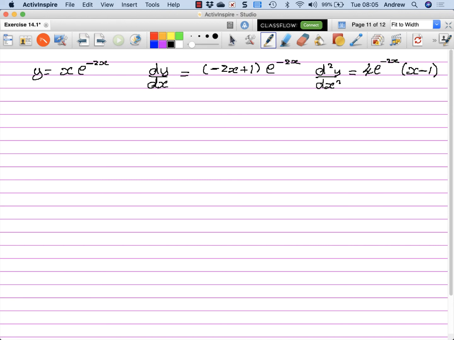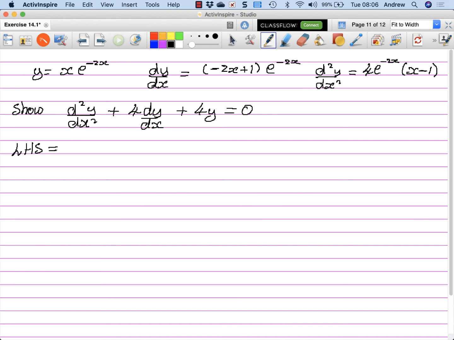Okay, and what I've got to show is true. I need to show that d2y by dx squared plus 4 dy dx plus 4y is equal to 0. So the way we show this is we go with the left-hand side and sub in the answers.